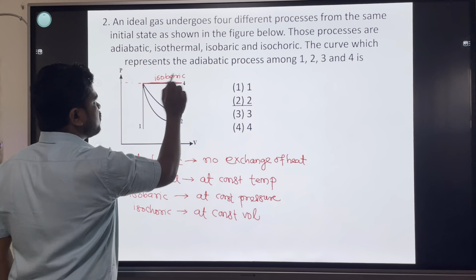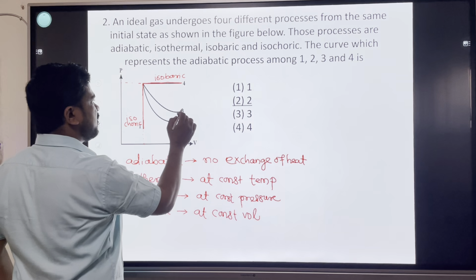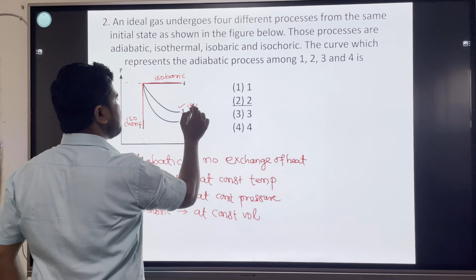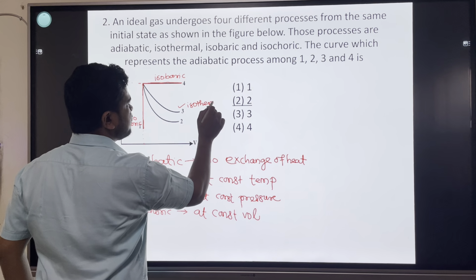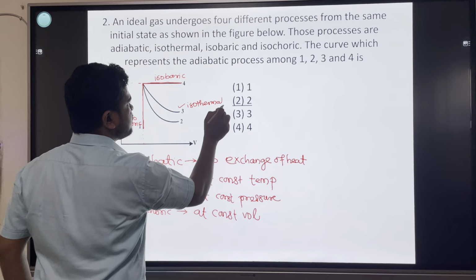We have to find the adiabatic process and isothermal process. Third one is isothermal process and second one is adiabatic process. Our option is the second number. Okay, come to the next question.